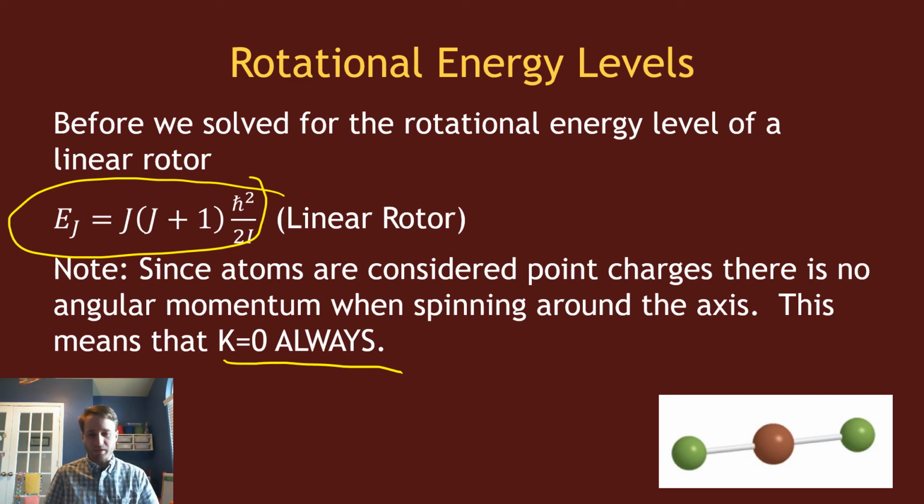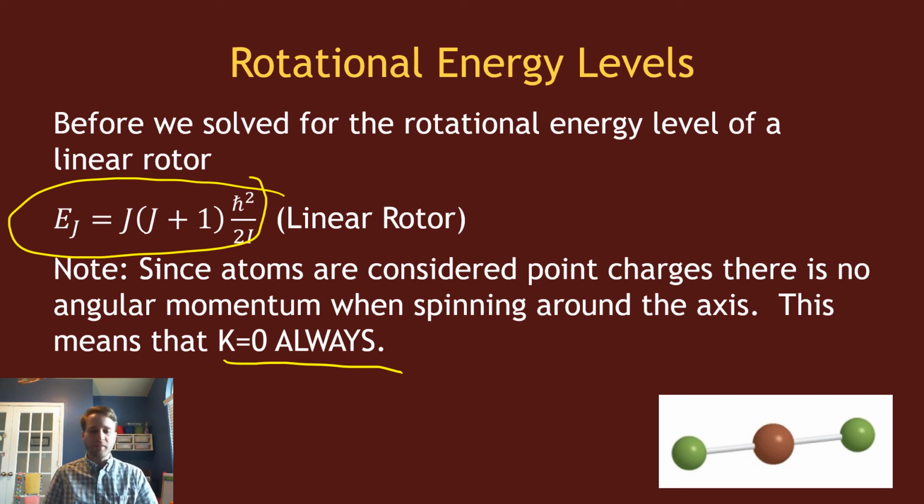You're never going to really measure it unless you really, really want to try to. And so K for that is always going to be 0. You're never going to rotate for a pure linear rotor. For an idealized linear rotor, K will be equal to 0.